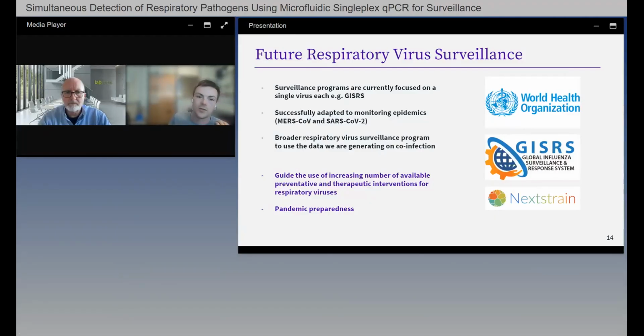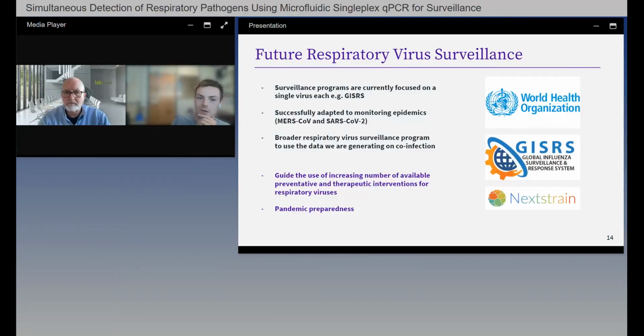So the data can be uploaded, and with a system like this where it's many primer probe targets from one sample and one swab, you can look at co-infection, and I think globally it would greatly enhance our pandemic preparedness, because we'd have data from how these viruses act year on year, and if certain viruses co-infect with other viruses.